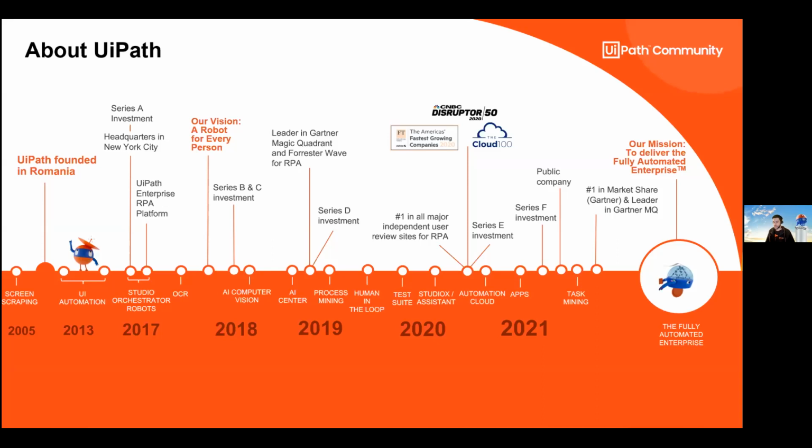And actually the mission of UiPath is to deliver the fully automated enterprise, not just automation on a basic standpoint. That is what we've been talking about up until now. Those were the robots that don't have intelligence, that only do what we told them to do.